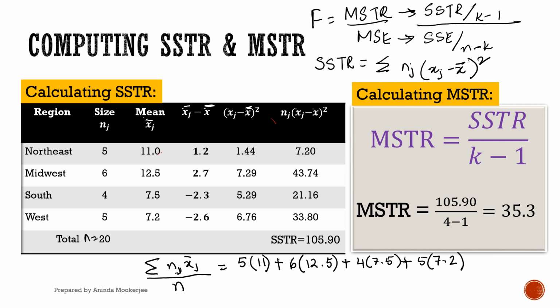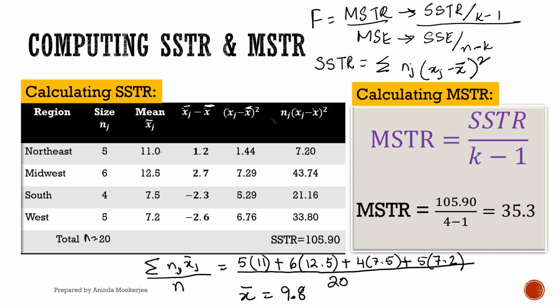So we multiply each of the individual sample means by their respective sizes and then divide by the total sample size, which is 20. When we do that, we will get the overall sample mean, which will come out to 9.8.